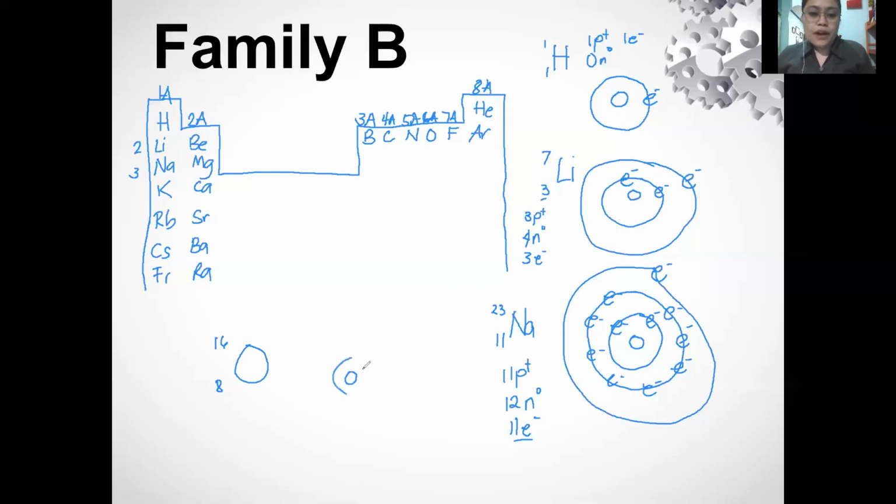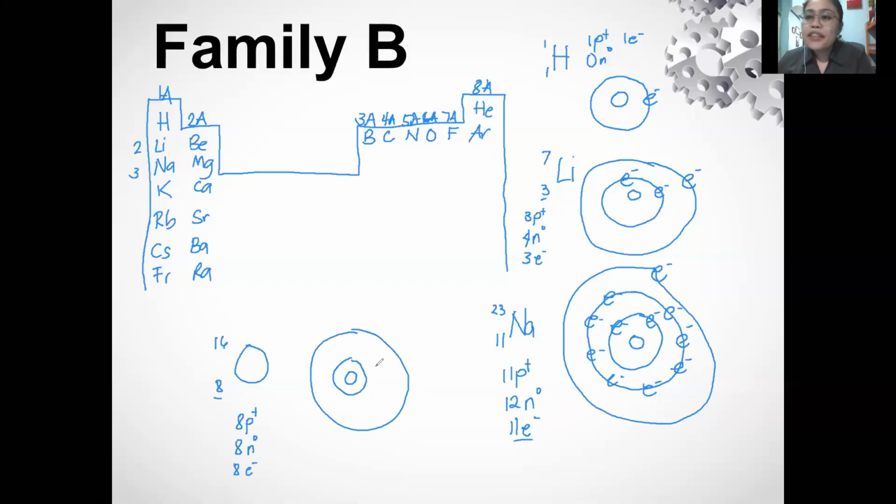So you have 1, and then you have 2. So let's look at the subatomic particles of our oxygen. You have 8 here, which means you have 8 protons. 16 minus 8, we also have 8 neutrons. And automatically, since this is a neutral atom, protons and electrons are equal. So you have 8 electrons.